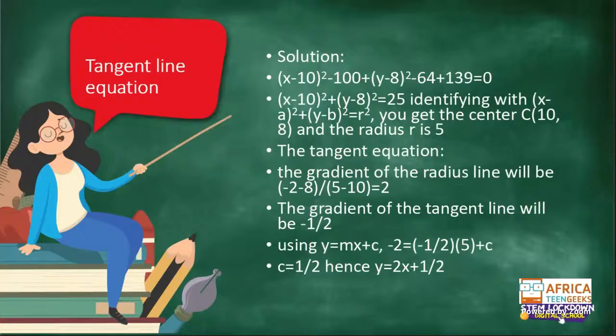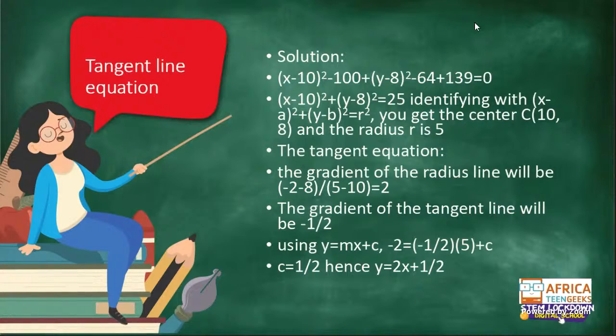Now using y equal to mx plus c, it gives you -2 equal to -half times 5 plus c. And when you work it out, your c is half. Hence, y equal to 2x plus half.